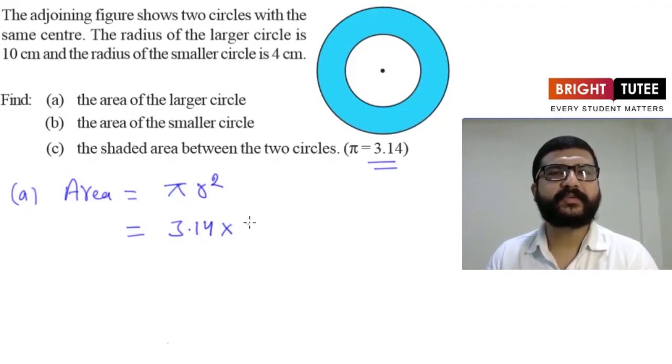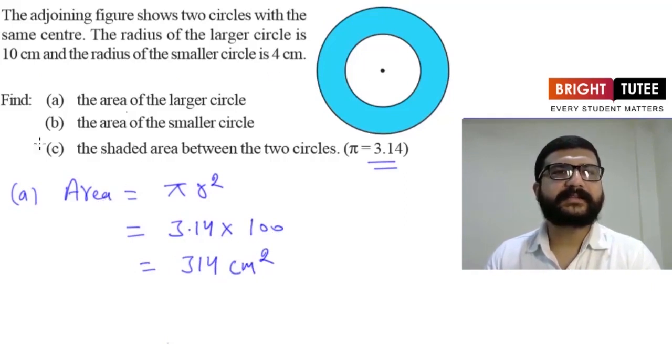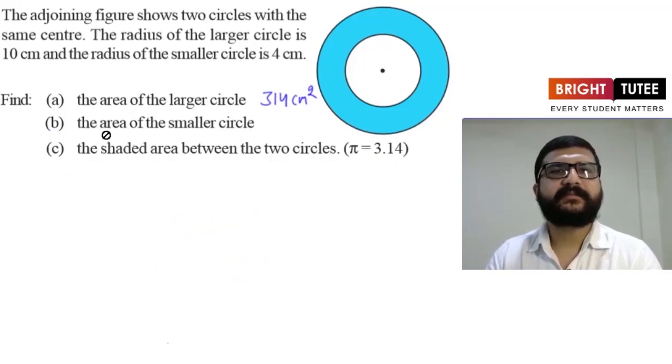So it will be 10 square means 100. So now 3.14 into 100, this will give us 314 square centimeters. So this will be the area of the larger circle. So we will write it here, 314 square centimeters.